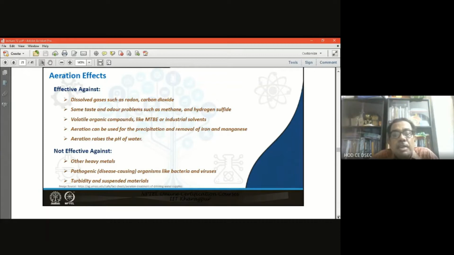And more importantly, iron and manganese can be precipitated because we are providing oxygen. Aeration means we are providing oxygen, air, so they are oxidized and precipitated. The iron oxide and manganese oxide precipitate and settle down. Aeration also raises the pH of the water.